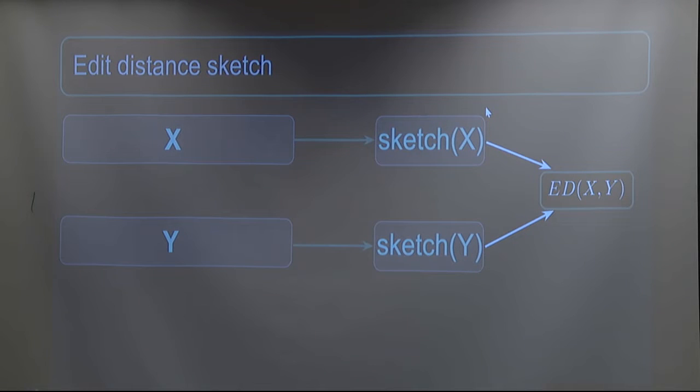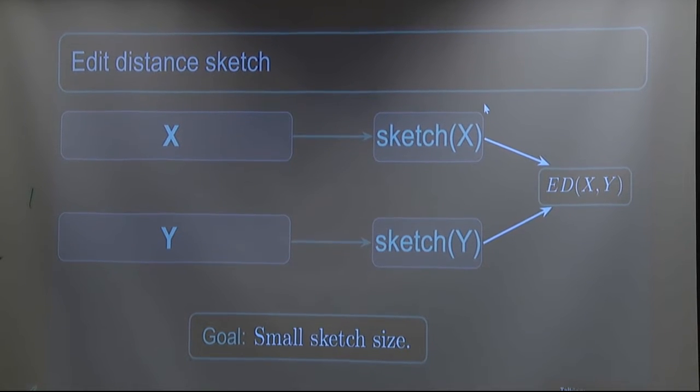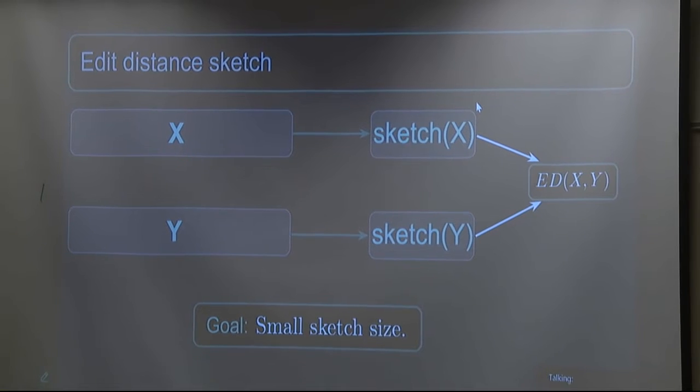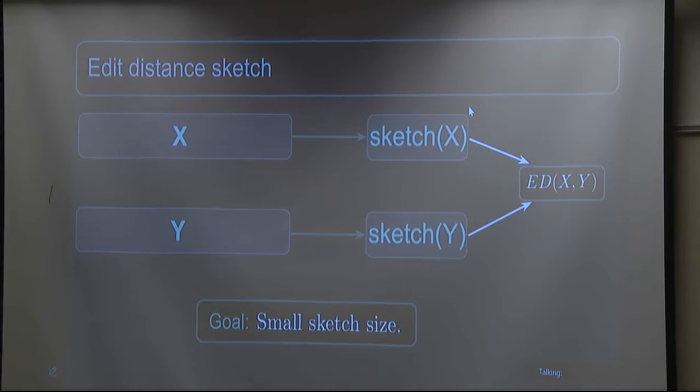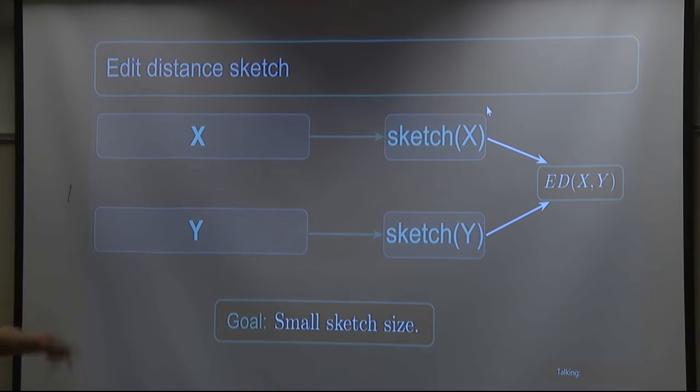Our target is to make the sketch sizes as small as possible. Another catch is that while computing the sketch of x, you do not have the information of y, and vice versa. Otherwise, you could just compute the distance beforehand, and that would be the sketch.